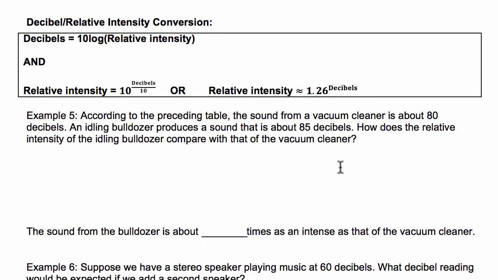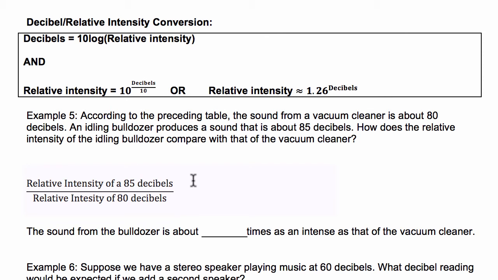Let's try this in the example below. According to the preceding table, the sound from a vacuum cleaner is about 80 decibels. An idling bulldozer produces a sound that is about 85 decibels. How does the relative intensity of the idling bulldozer compare with that of the vacuum cleaner? Let's use comparing division to solve this problem.